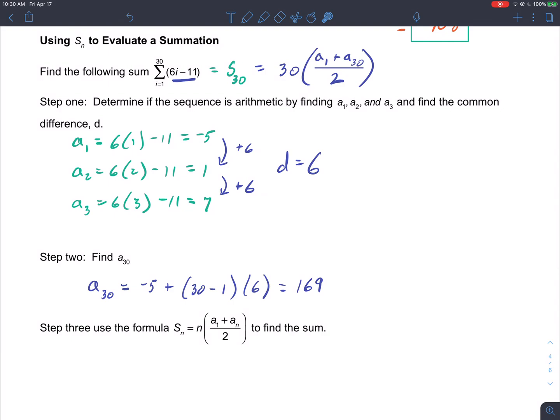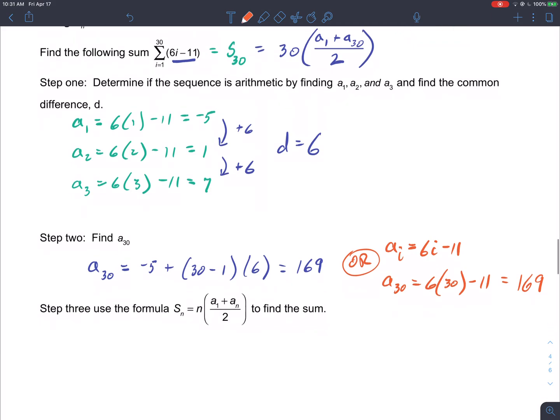I actually had a formula for the nth term already simplified right here. The nth term, or the ith term, doesn't matter what you call it, is 6i minus 11, so I could have just plugged 30 into that. 6 times 30 minus 11 will give me 169. So this was another way to do it.